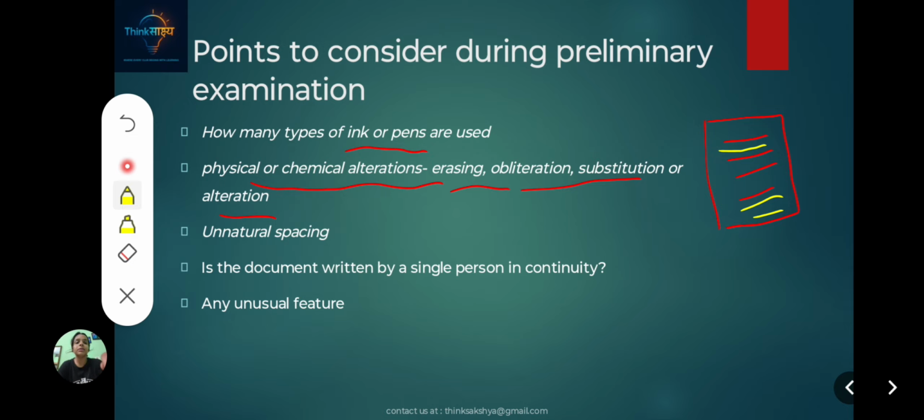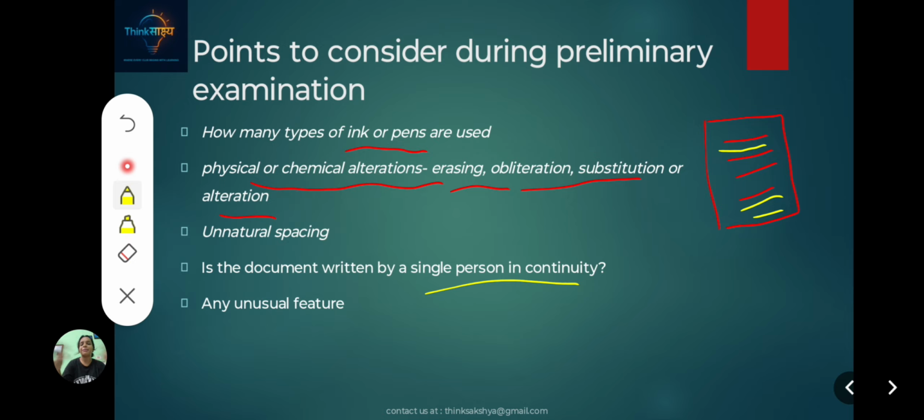Is the document written by a single person in continuity, or was any handwriting shift or pen shift found? We have to check everything. Getting my point? This is how detailed we have to go in a document examination. Or any unusual feature that you might suspect in a document, you have to examine that also.